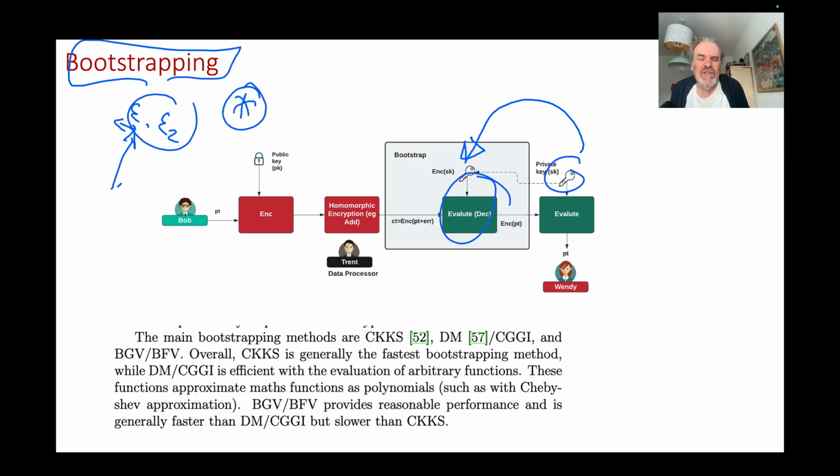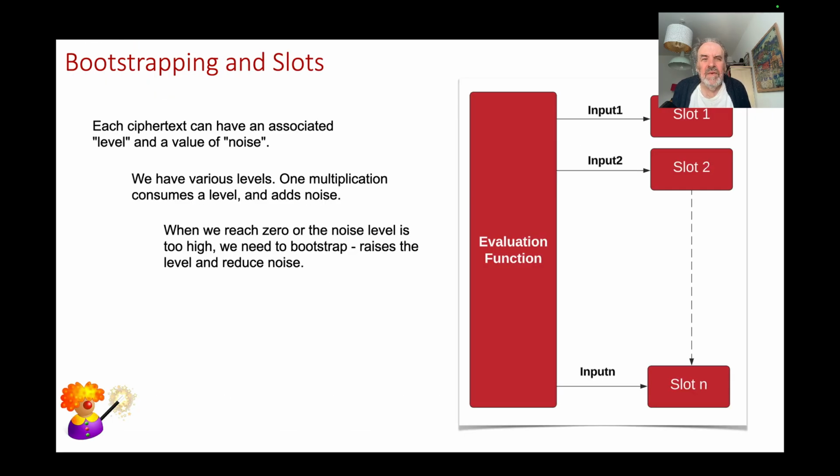Typically the multiplication, and whenever we see multiplication, that's the main place the error is added up. Another thing we can do is that we can have a number of slots, and we can have the same function, and then it can actually run almost like in parallel. So we can speed up our homomorphic encryption processes if we have the same function that needs to be conducted on different data slots.